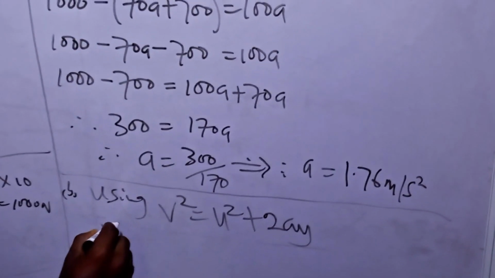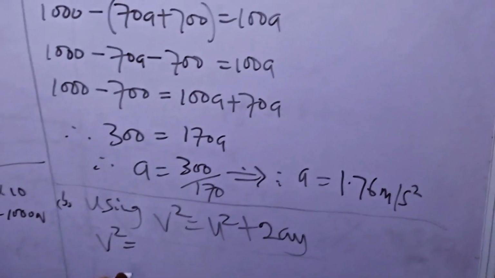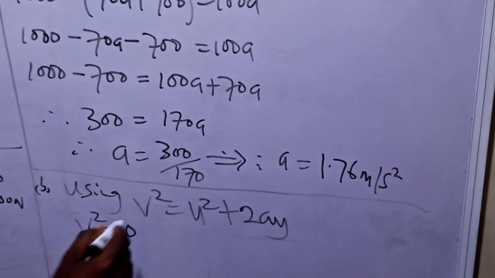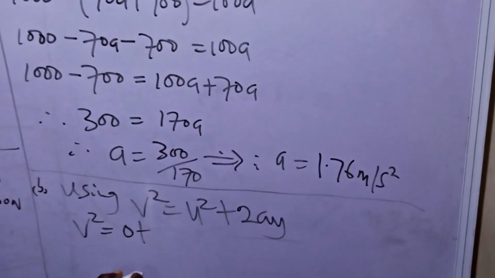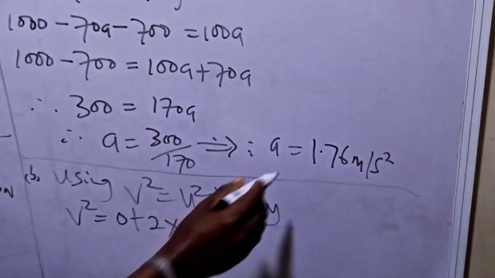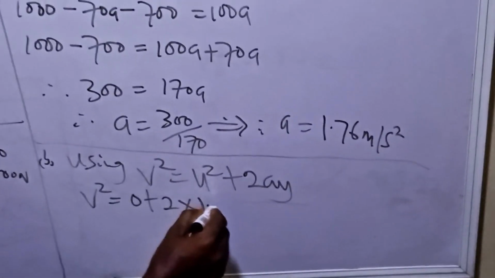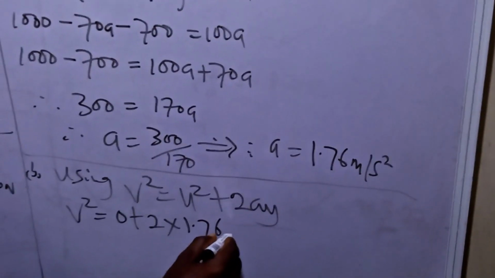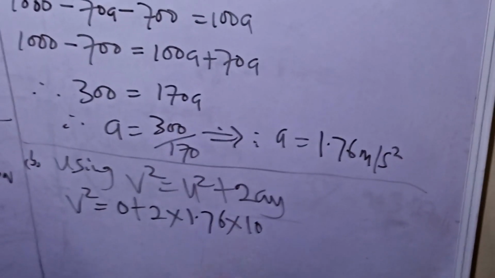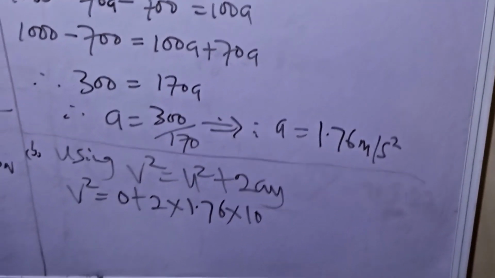Now let's substitute values. V square equals the initial velocity of 0 squared, plus 2 multiplied by the acceleration here, 1.76, multiplied by the height, which was 10 meter.